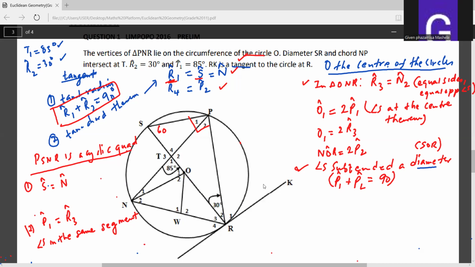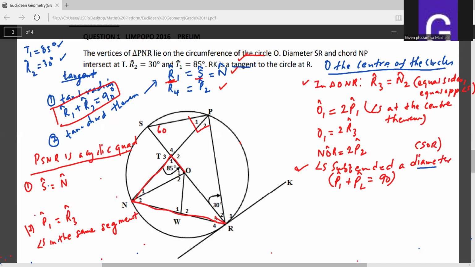Look at the triangle where there is R3. R3 is in triangle T and R. I'm referring to this triangle here. That's why we have R3.